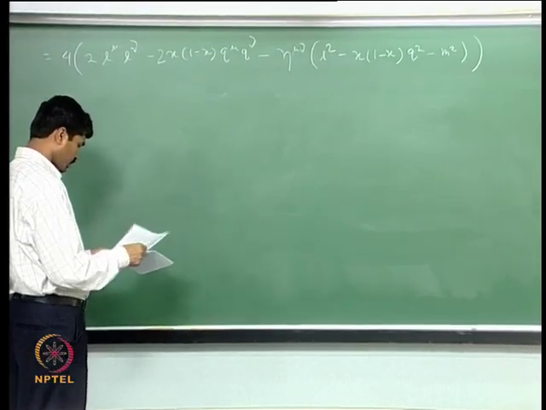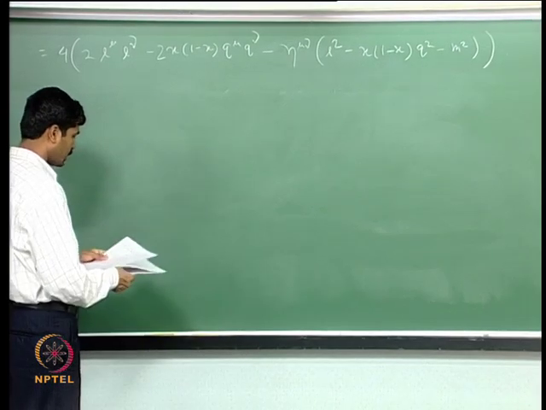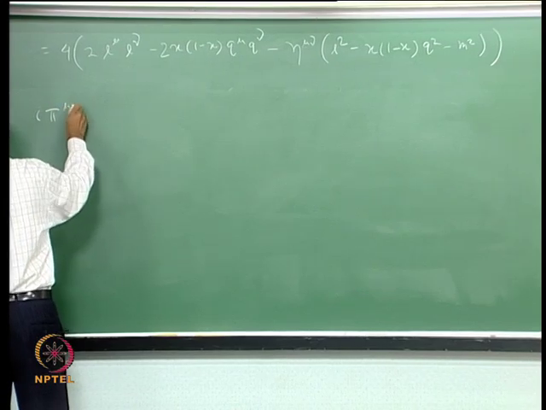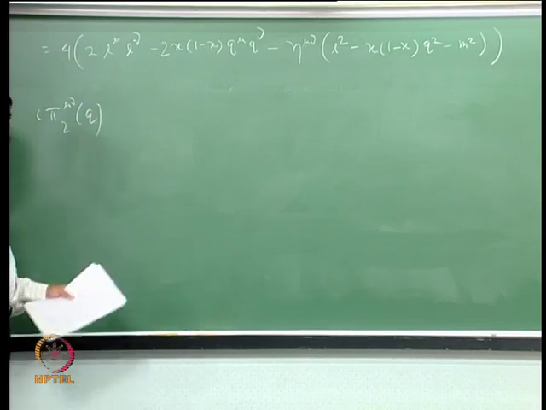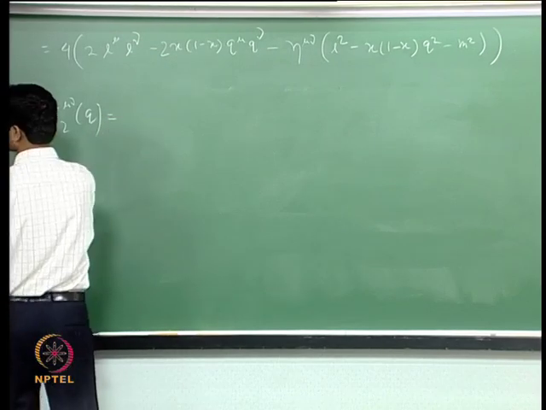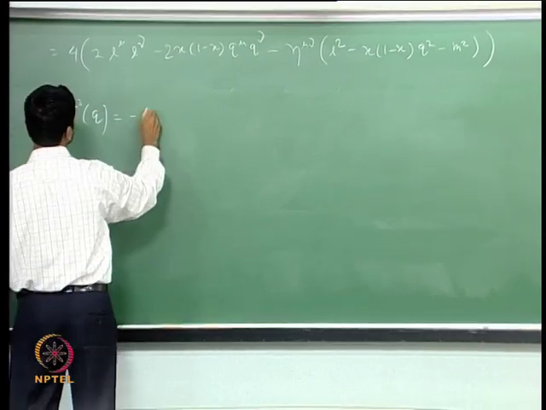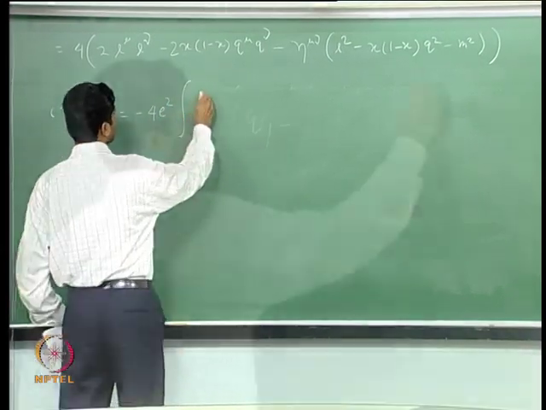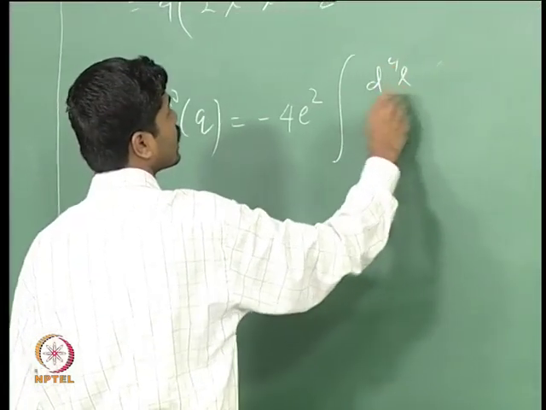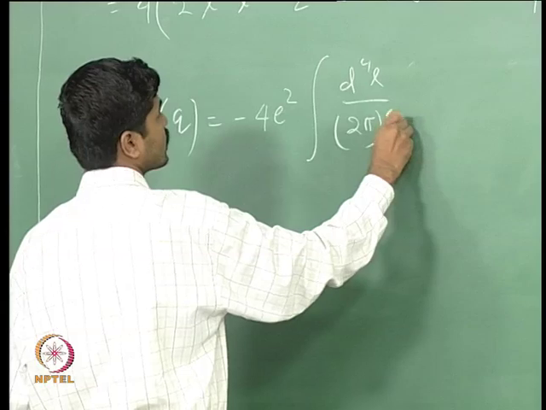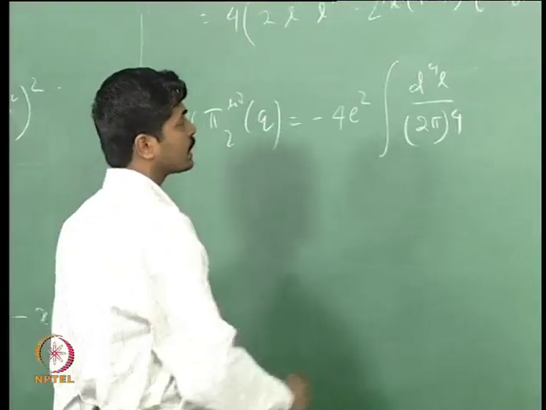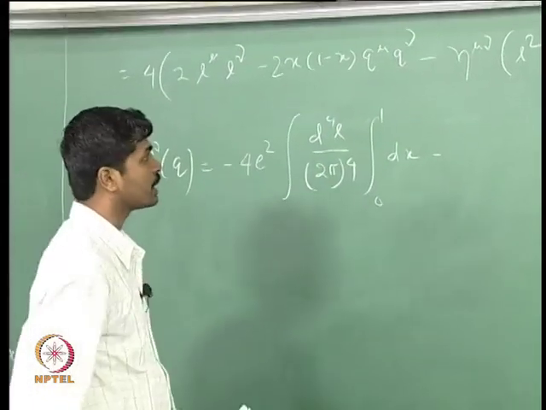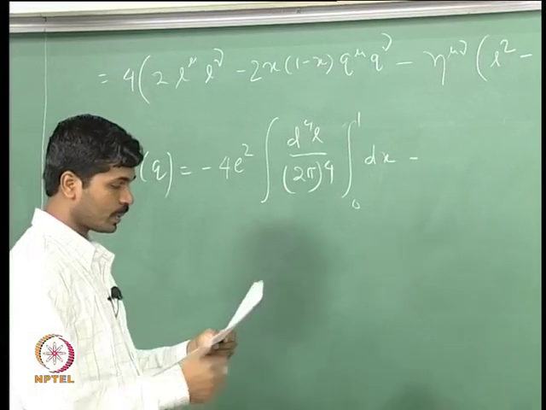Okay, so when I put everything together, what I will get now is i pi 2 mu nu of q is going to be, there is a minus e square and this is 4. So, minus 4 e square integration. Now, I am using the variable L. So, d 4 L divided by 2 pi to the power 4, and then x is integrated from 0 to 1 dx. This is what you have in the numerator except the factor of 4.